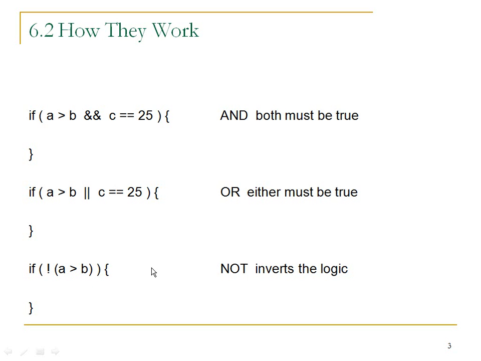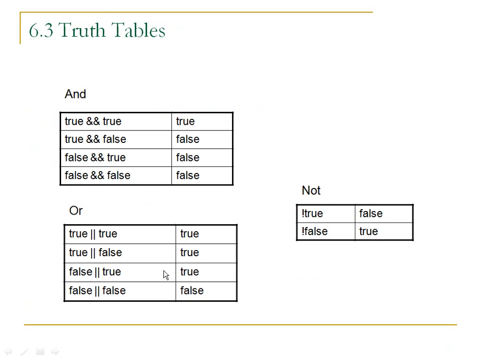Let's look at all of the possible combinations for using these operators. Booleans are the operands all the time. True and true are the only time that the and operator will yield true. So both of them have to be true. All of these other combinations will yield false.